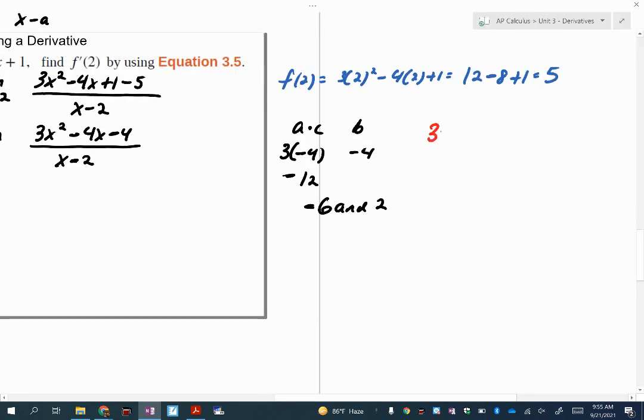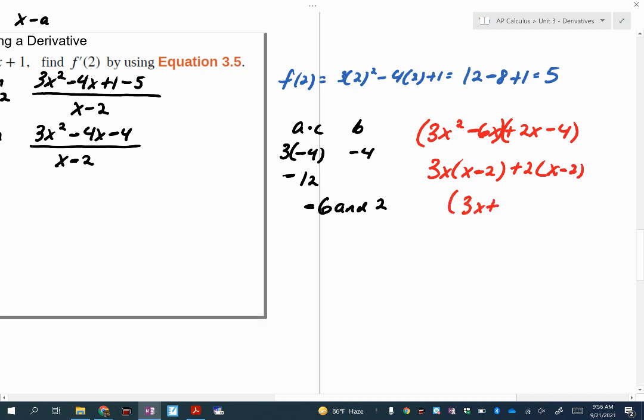I'm going to rewrite 3x squared minus 6x plus 2x minus 4, factor by grouping. So 3x times x minus 2 plus 2 times x minus 2, and now I have my factors. 3x plus 2 and x minus 2.